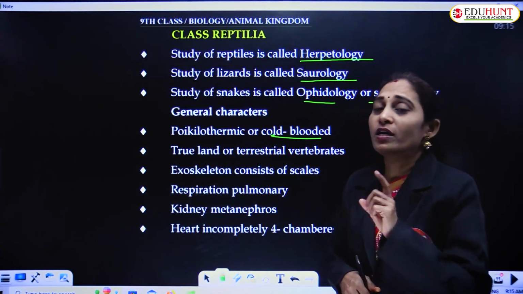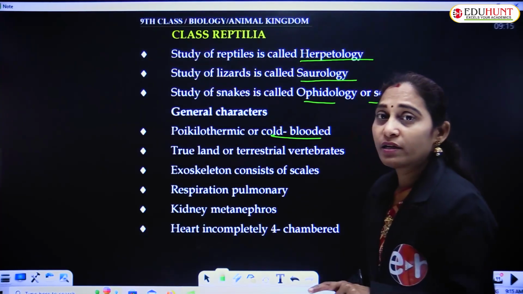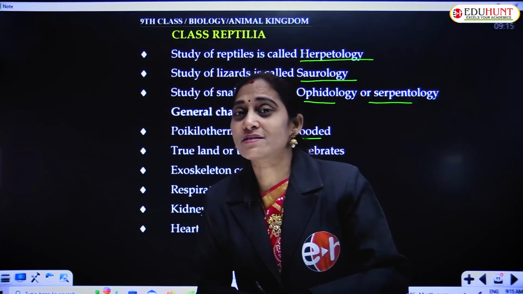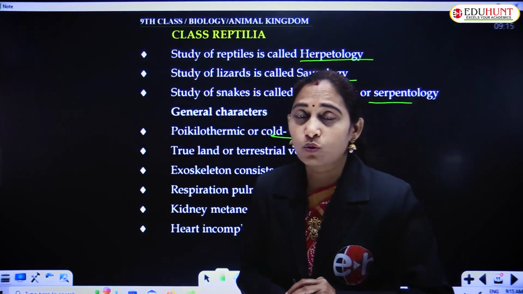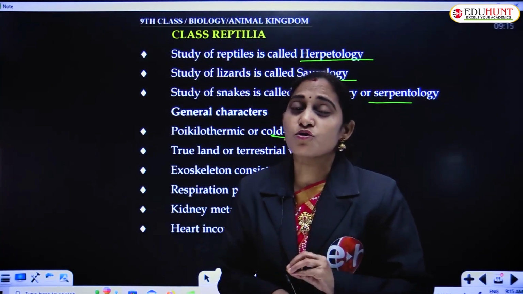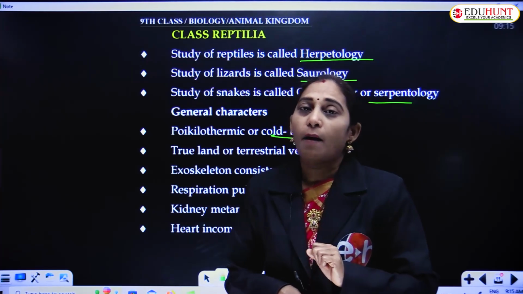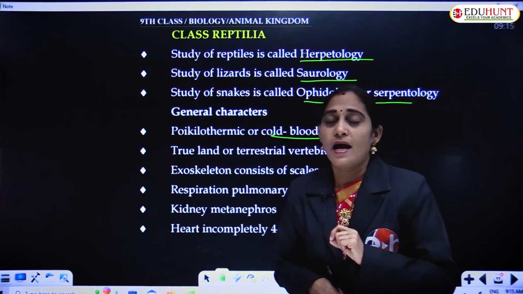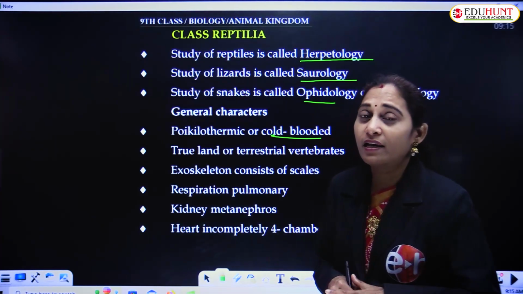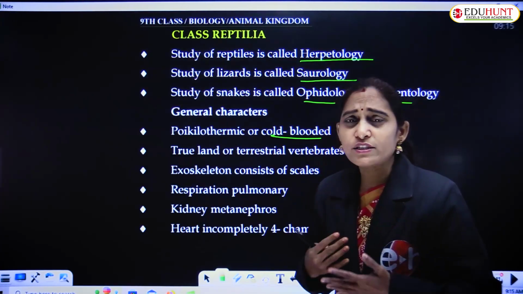Up to amphibia, even in Pisces, all the fish belong to water, and 95% of the fish survive in marine waters, and the remaining 5% live in fresh water.